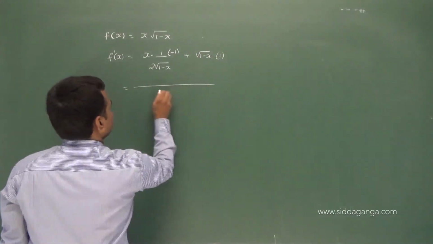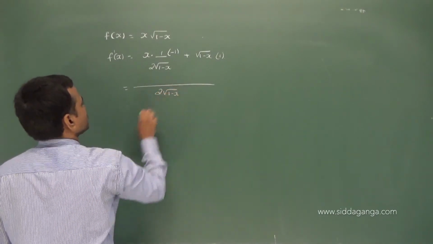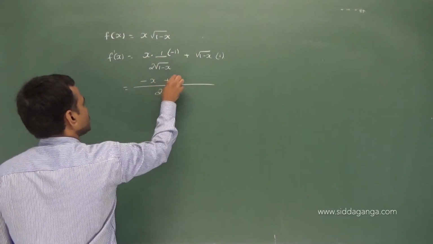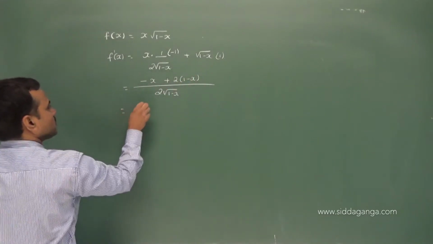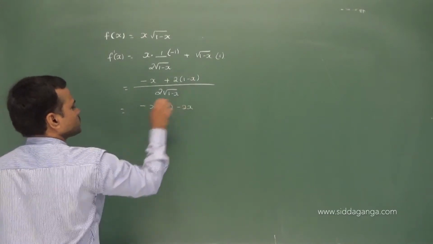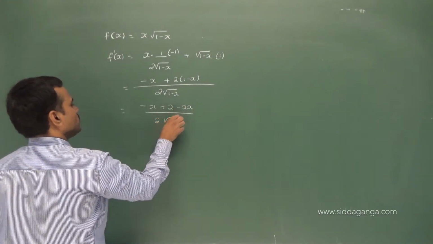What we do? We simplify it. 2 into root of 1 minus x is the LCM. Minus x plus 2 into 1 minus x, that is minus x plus 2 minus 2x, correct? Divided by 2 into root of 1 minus x.